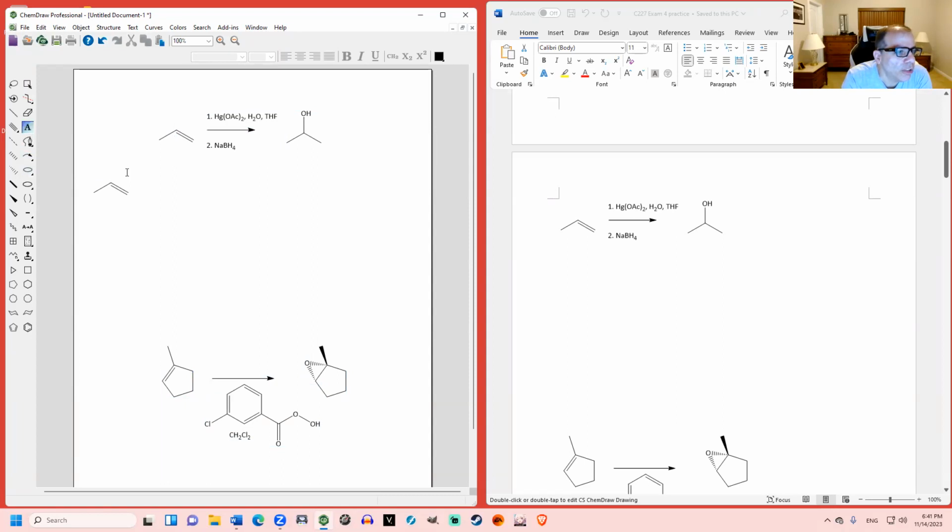So as you'll recall, the mechanism starts with our mercury 2 ion, and the alkene shifts out to form a bond to mercury, and there's an electron pair somewhere on the mercury. Mercury has lots of electrons, and that attacks the other alkene carbon.